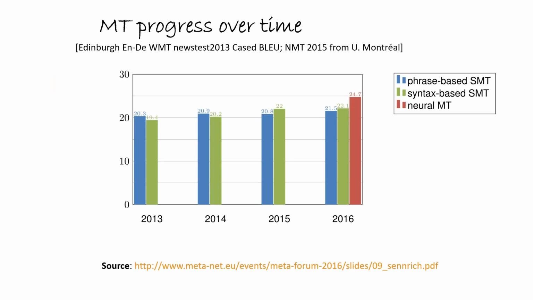So with machine translation progress over time, we see phrase-based SMT, syntax-based SMT, and neural machine translation. We see the neural network is doing well, as you see from the red bar here, right? This is over 2016, although I don't have the data for 2020, you can search how much better neural networks are doing.